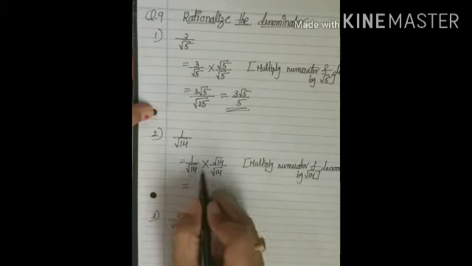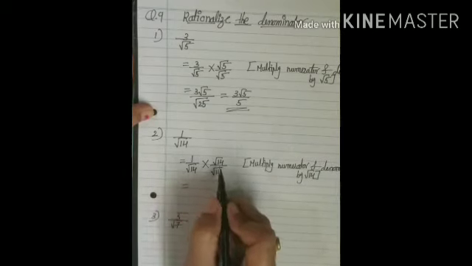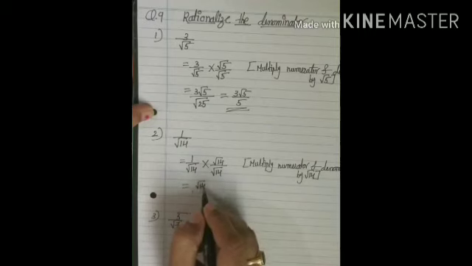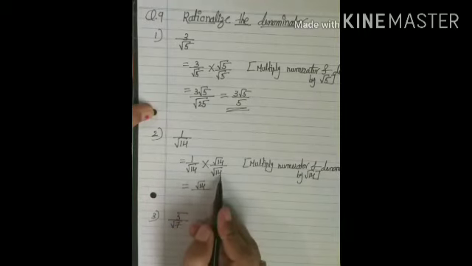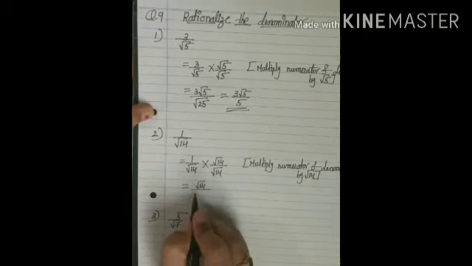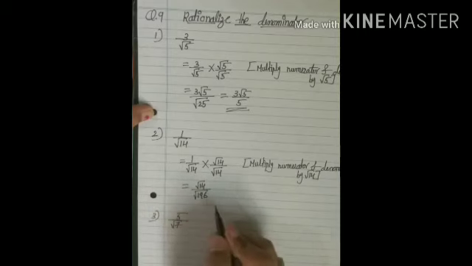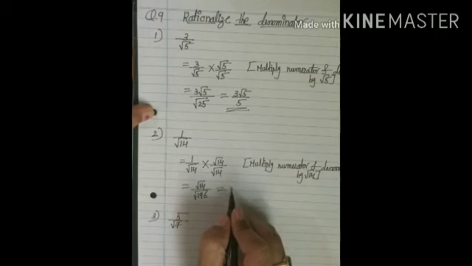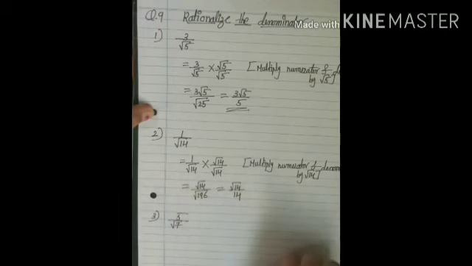Now, children, 1 into root 14 you get root 14. 14 into 14, what do you get? 196. So 196 is a perfect square. Yes, children. So root 14 upon 14 is the answer.